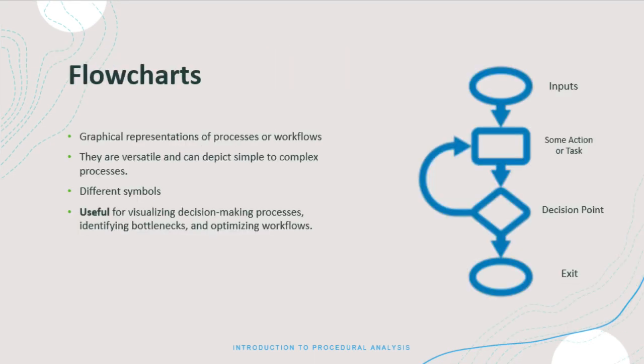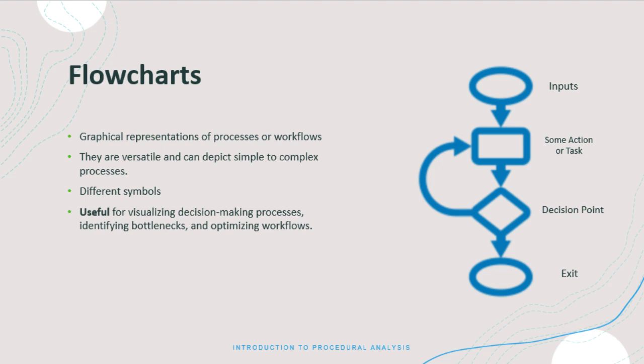Starting with the flowchart. Flowcharts are graphical representations of processes or workflows that use symbols and arrows to illustrate a sequence of steps. They are versatile and can depict various types of processes, from simple to complex. Flowcharts use different symbols to represent different types of actions, decisions, and connections.